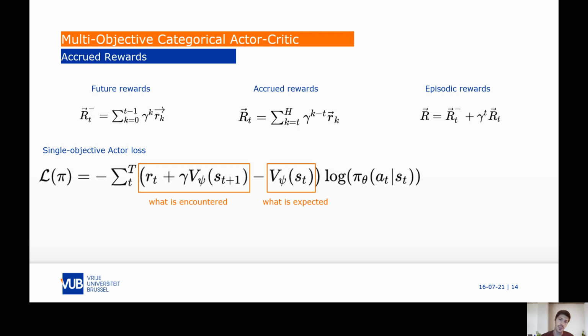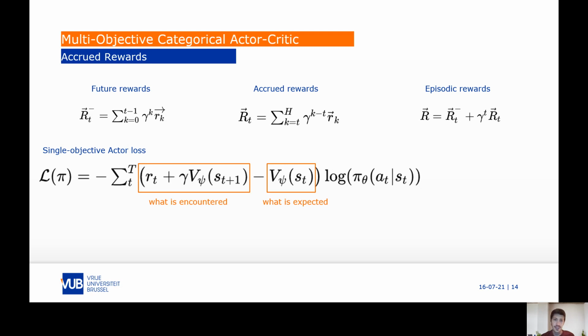So you compare what you encountered with what was expected. If what you encountered is higher than what you expected, then you will increase the probability of taking that action. If it was lower, then you will decrease that probability.